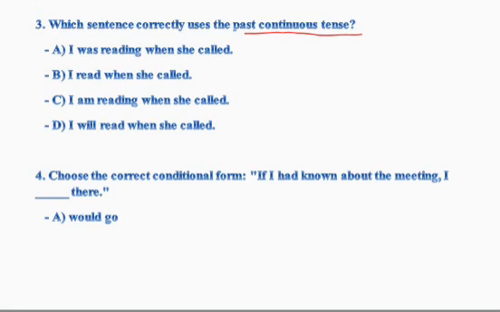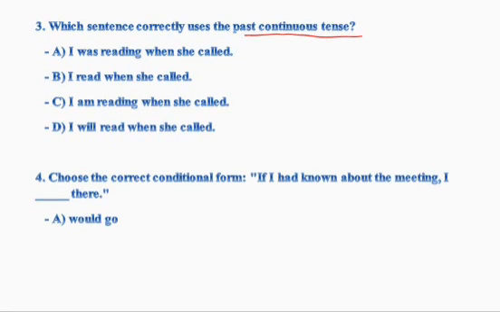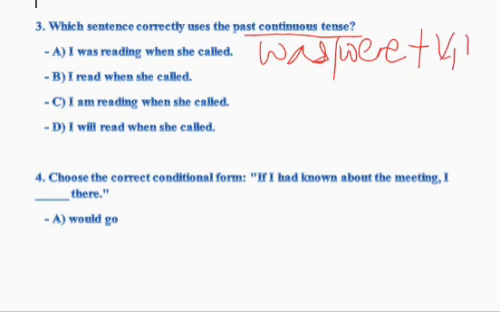The past continuous tense has the formula: auxiliary verb was or were plus verb 1 plus ing, the gerund form.